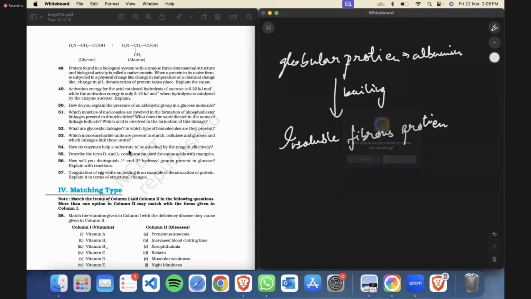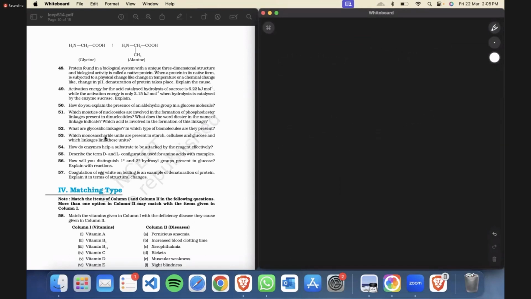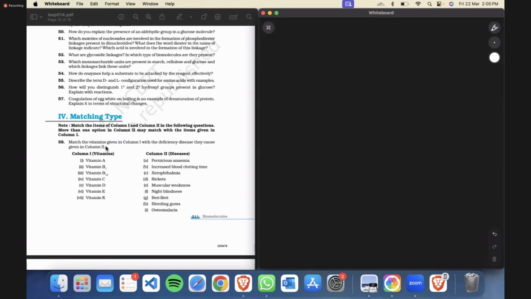Match the vitamins given in column 1 with the deficiency disease they cause given in column 2. Okay. So, vitamin A: xerophthalmia is there, and night blindness is there.